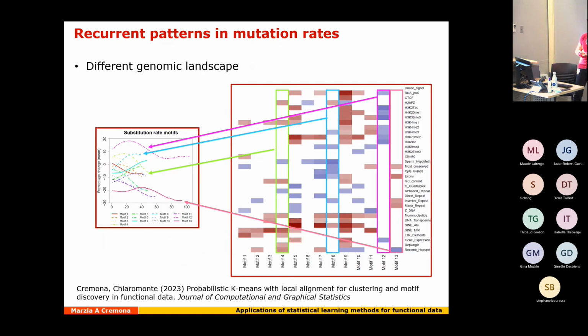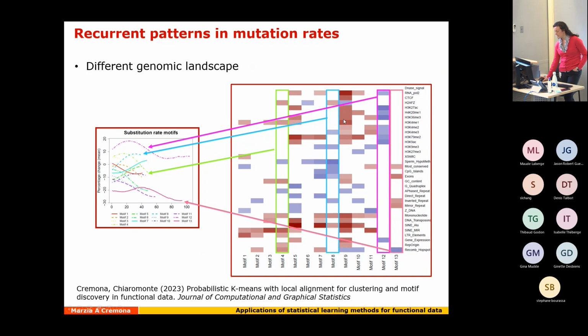And we are also able to see that these motifs correspond to different genomic landscapes. In this heat map, you see a lot of different omics data on the y-axis, and we have the motifs on the x-axis.